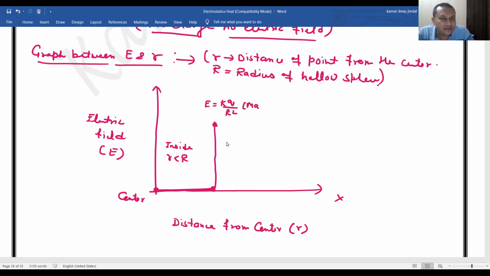And on this point r is equal to R. From this point to this point r is less than R, you have written down over here.